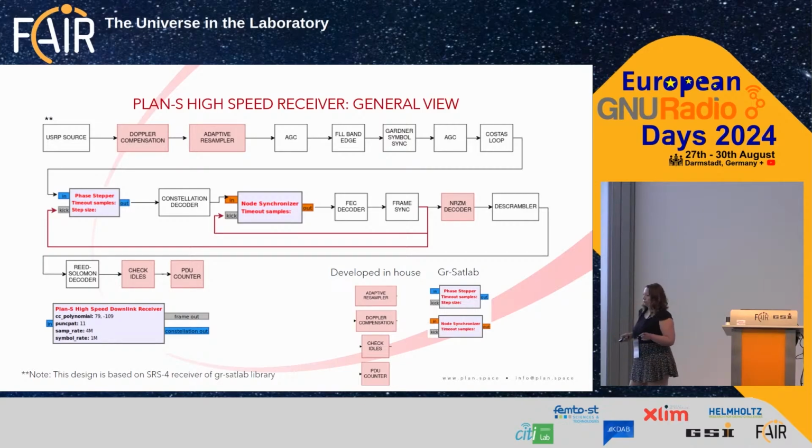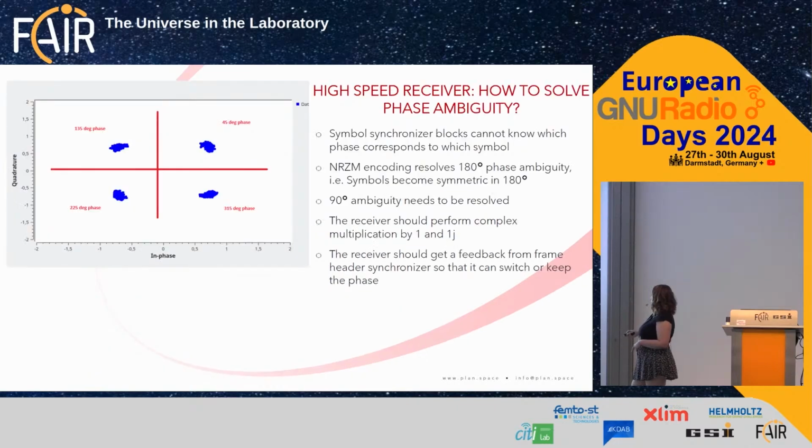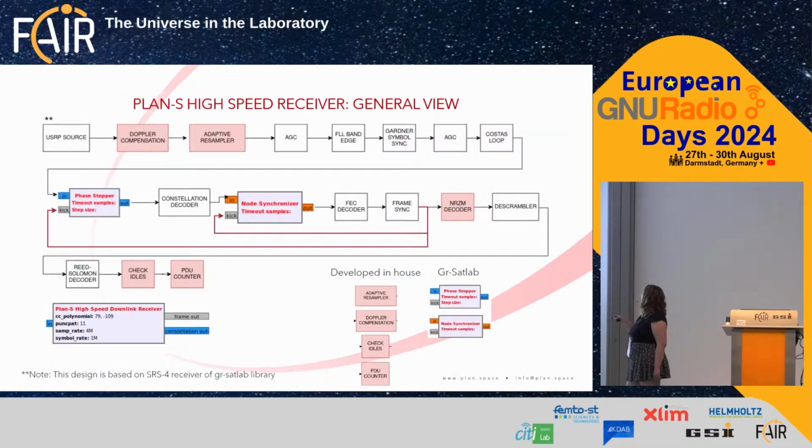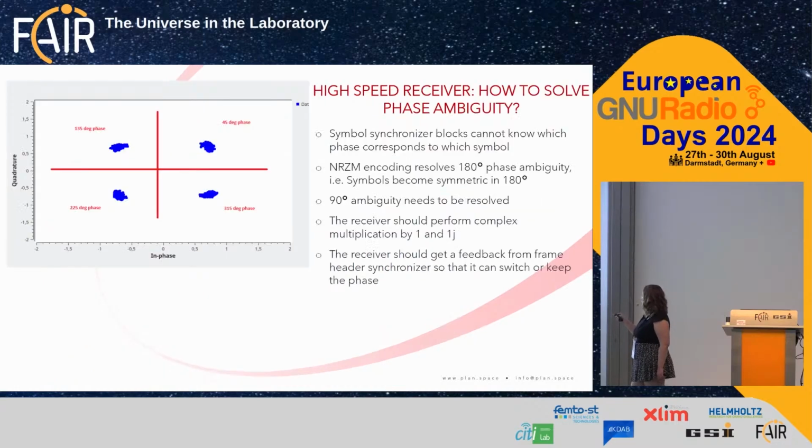So first off, we're working with QPSK modulation. And one of the biggest problems is phase ambiguity. Here you can see my symbols in 4 quadrants, but my receiver, my symbol synchronizer, here Gardner symbol sync, cannot possibly know at which phase my symbols will start.